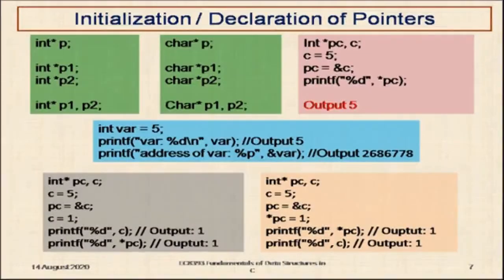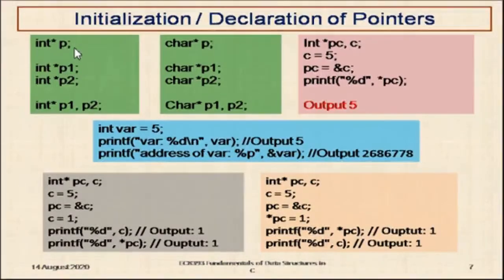And here are some of the methods by which we can declare the variable, and also we can print the value by using the variable, or we can print the value by using the pointer. See the first one, int *p. This is also a correct version of declaring the pointer variable.